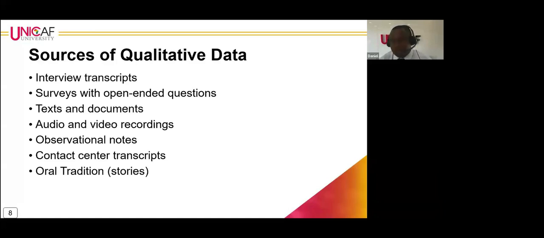Observational notes. You are a researcher who undertook your data collection through different forms of observation, because observation comes in different types and forms. Those notes can be subjected to data analysis. And you have the contact center transcripts. What are these? They are for colleagues that run service businesses. Is it a lodge? Is it a shop with shopkeepers?